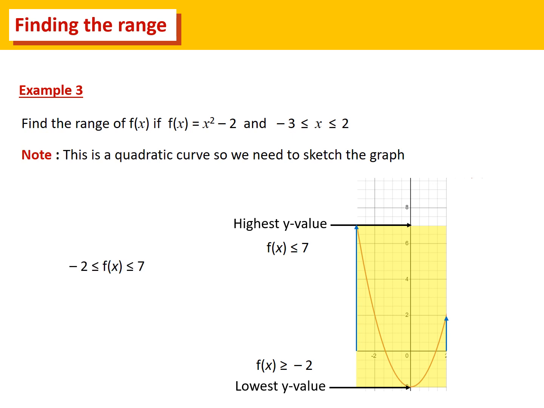And so we have f of x is between -2 and 7. Let's just check. F of x is less than or equal to 7, correct. And f of x down here is greater or equal to -2, and that's the same as saying -2 is less than or equal to f of x. These two things are the same thing.